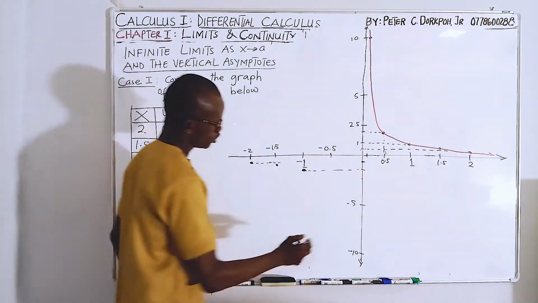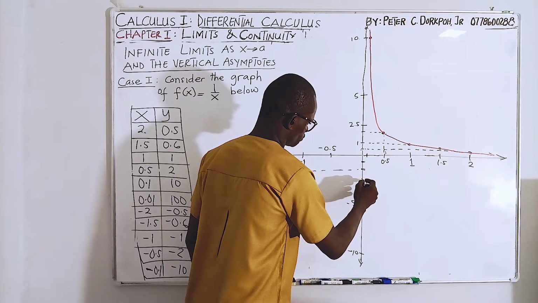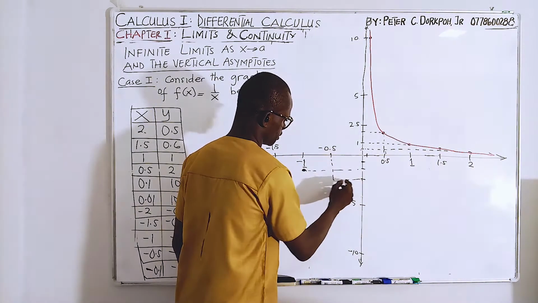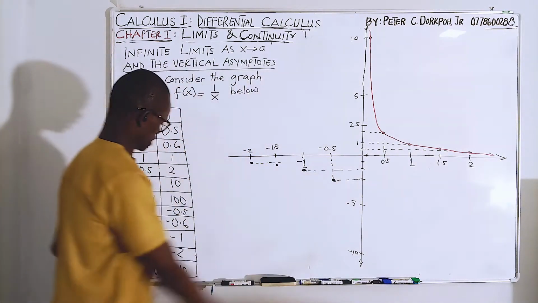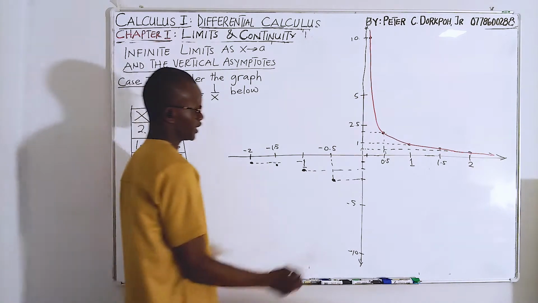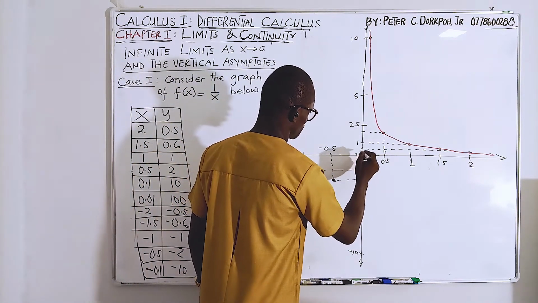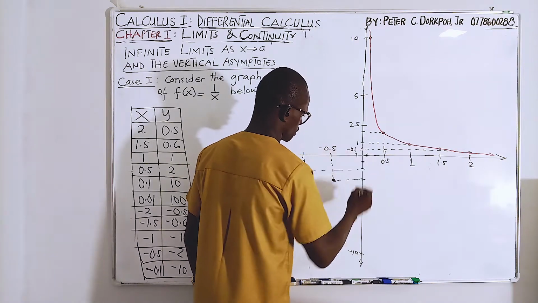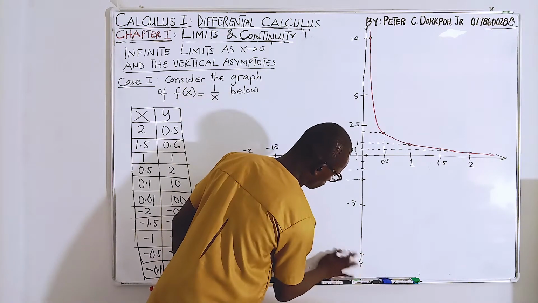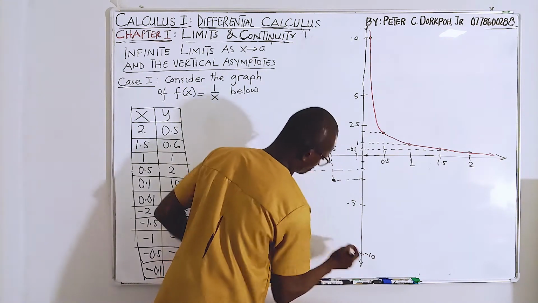Y is minus 2, so we have minus 2 around here, assuming. Now when x is negative 0.1, y is negative 10. So we consider this one down. We put this negative 10 on the side and mark a point right here.